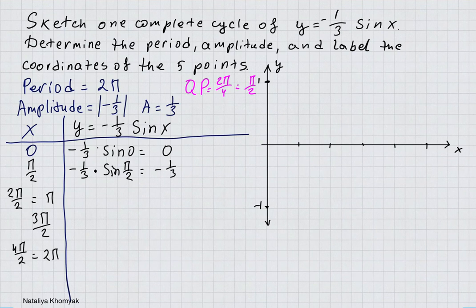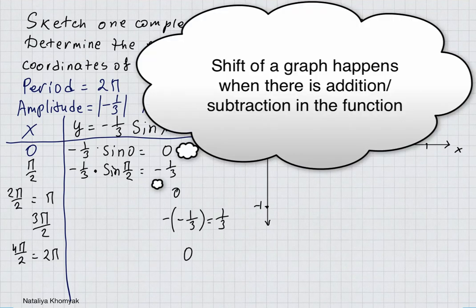The sine function starts at 0, then it goes to the coefficient, then it goes back to 0, then the negative of the coefficient. So in this case, the negative of negative 1/3 would be positive 1/3, and it would go back to 0. If there are no shifts, this is the shortcut you can use. And you will have shifts in the graph if you see plus or minus in your function.